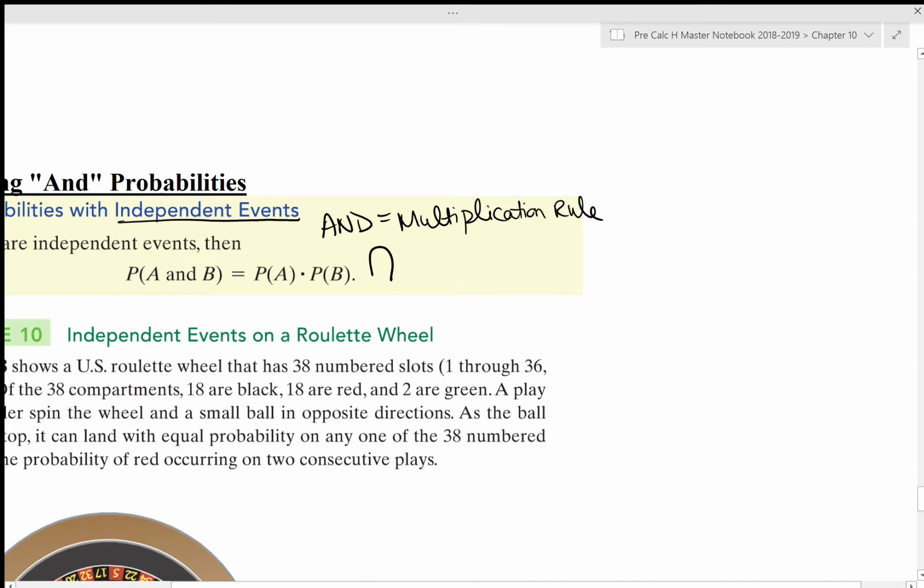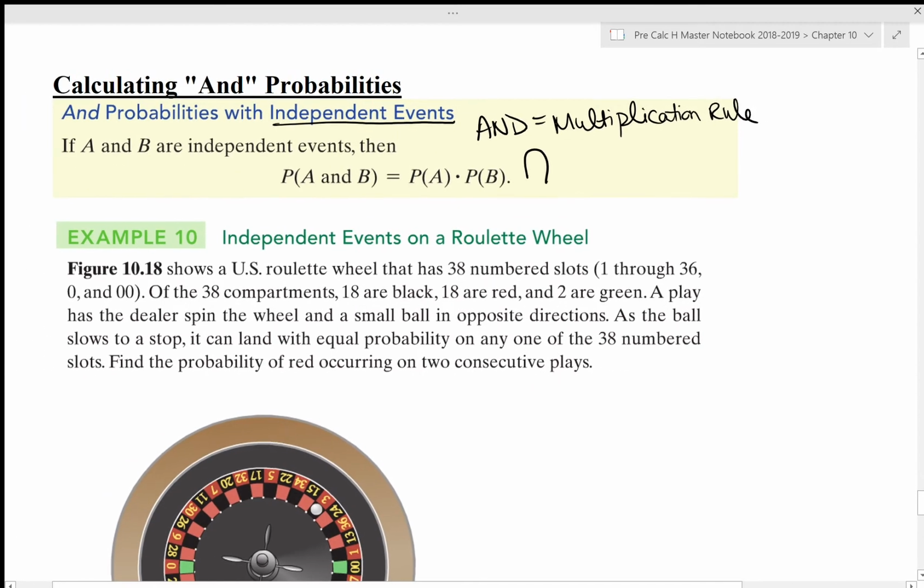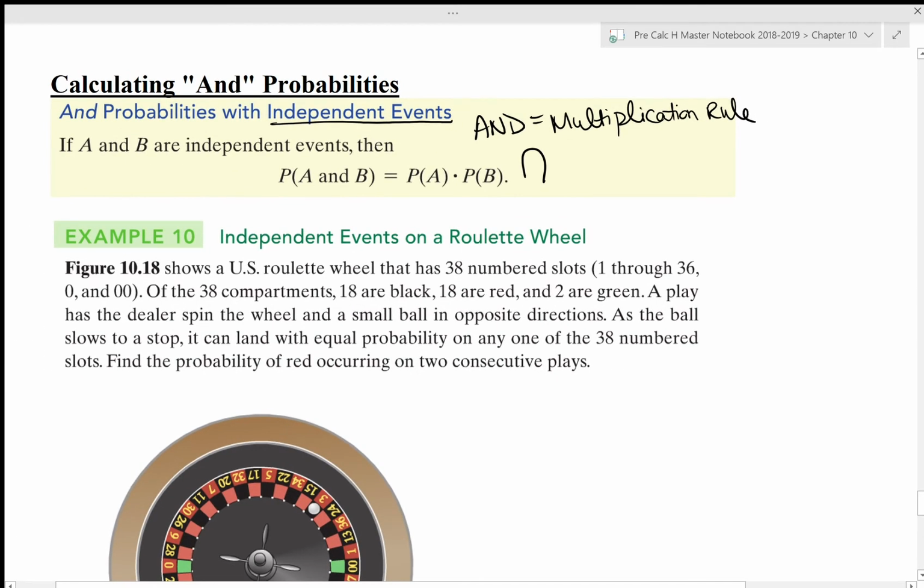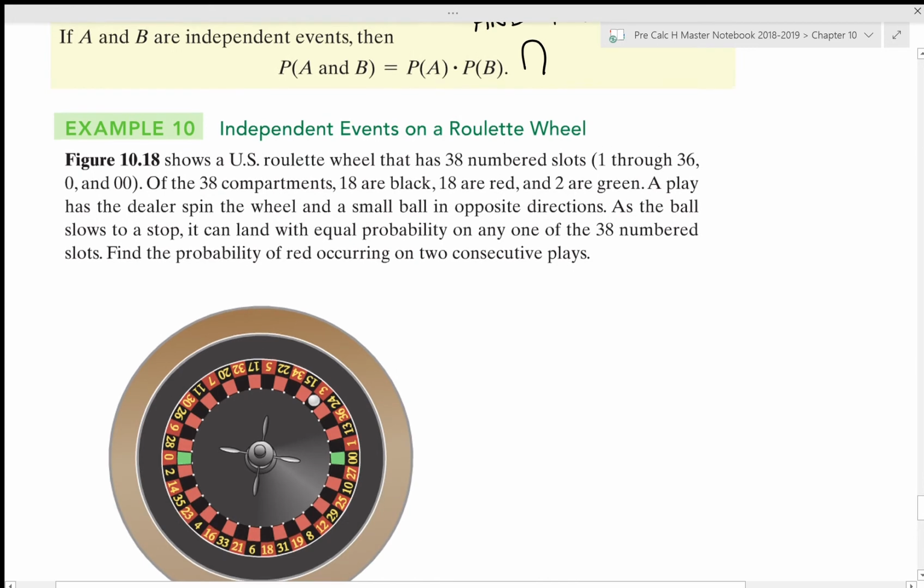Right? So all you're going to do is, instead of adding the two probabilities together, you're going to multiply them. Okay? So here we have a roulette wheel, I could speak. That has 38 numbered slots, 1 through 36, a 0 and a double 0.